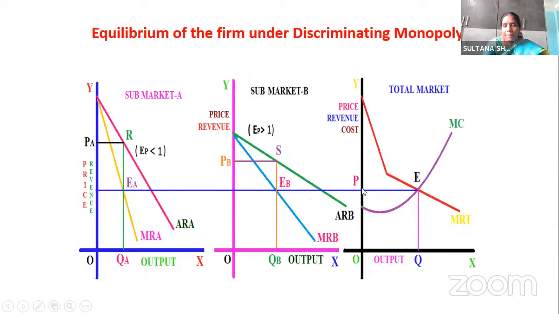Under third degree price discrimination, the monopolist discriminates between markets and sells his product to different people in different markets; this is what we observe under the concept of price discrimination. This is today's class, market structure analysis 2: one is monopoly and the other is price discrimination.